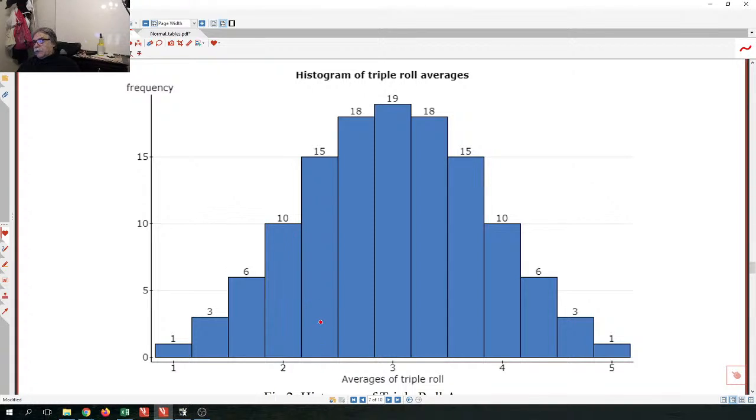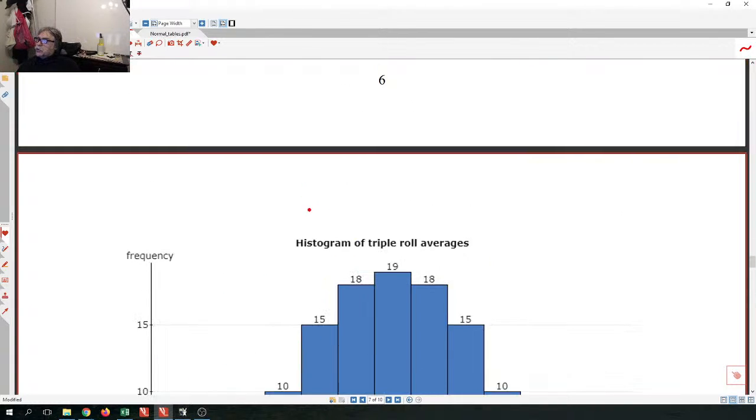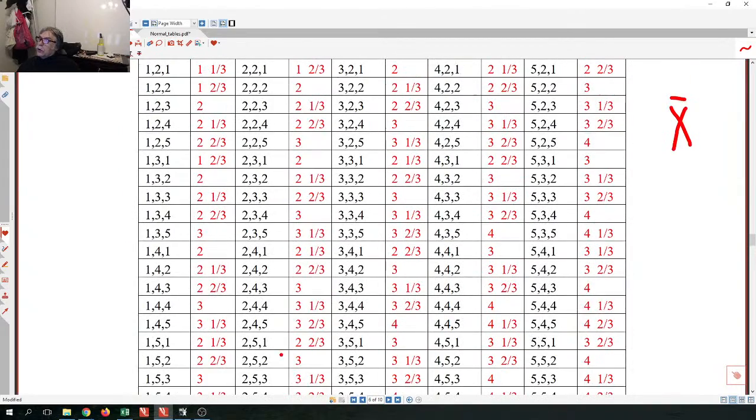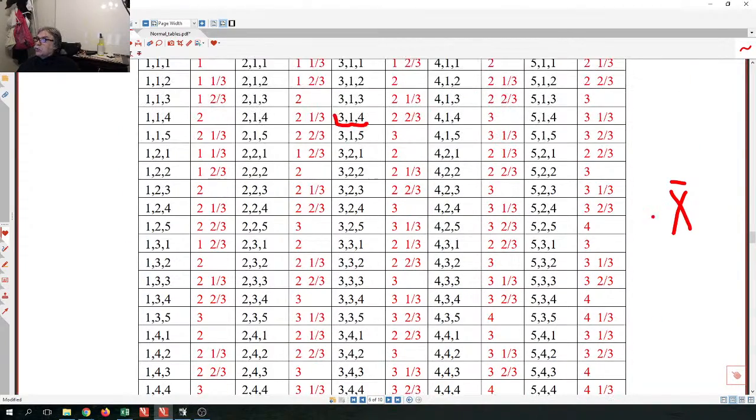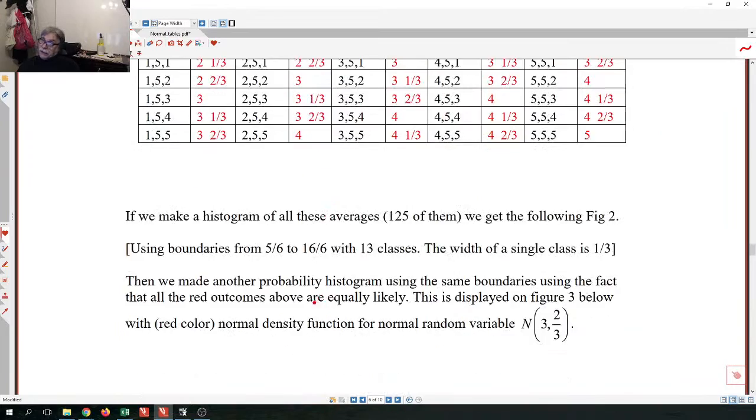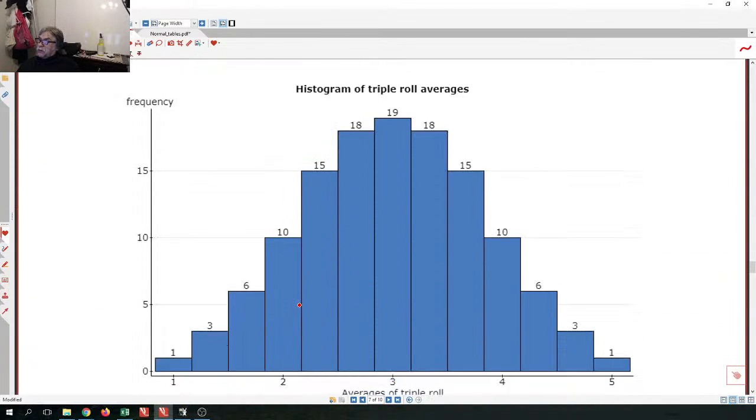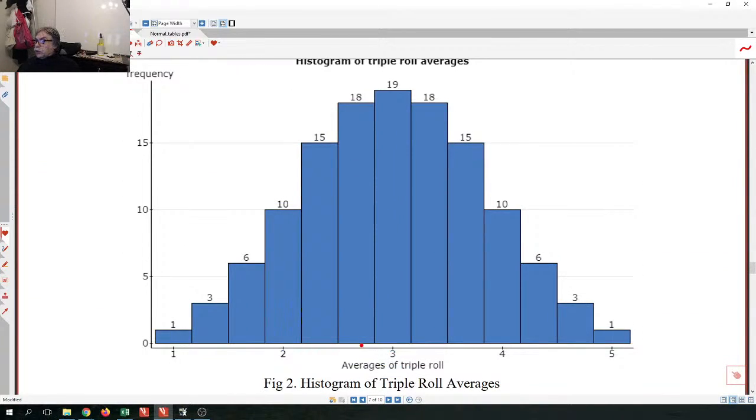I can get 2 1/3 in 15 different ways. You just go and count 2 1/3. How many times is 2 1/3 in this table? And I'm telling you, if you do a proper count, it's going to be 15 times. 2 2/3 is 18 times in the table. 3 is 19 times. 3 1/3 is 18 times. 3 2/3 is 15 times in the table. 4 is 10 times in the table.